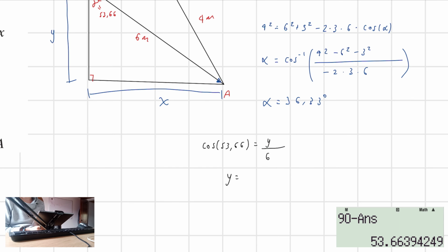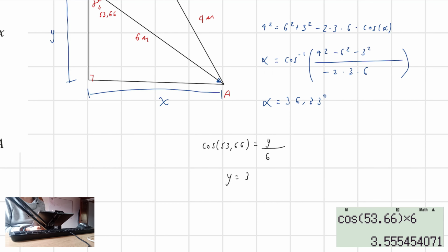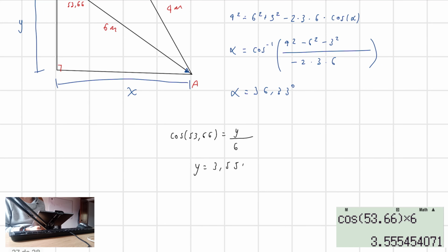So y is equal to the cosine of 53.66 multiplied by 6, which is 3.55 meters.